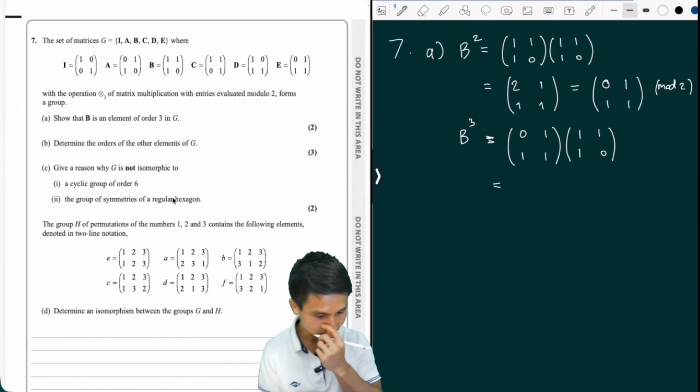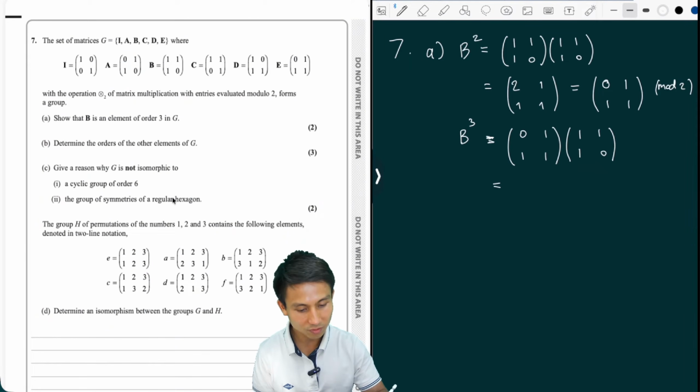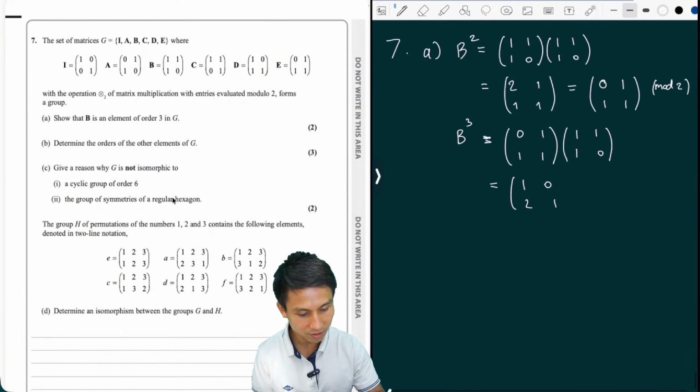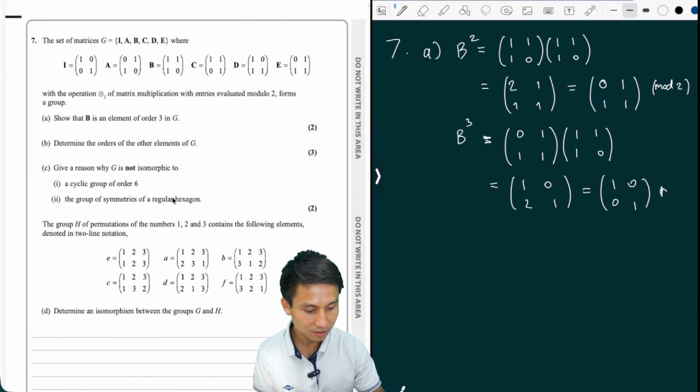So what are we gonna get? 0 plus 1 is 1. 0 plus 0 is 0. 1 plus 1 is 2. 1 plus 0 is 1. But if we apply the modulus here, the remainder is 1, 0, 0, 1. And that is just, again, modulus 2, equal to I.